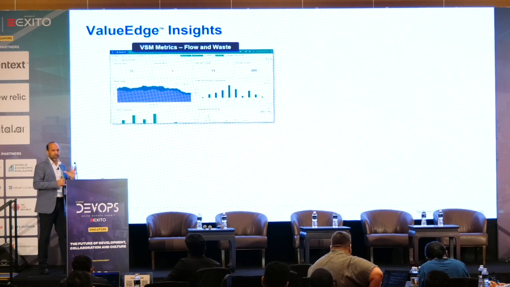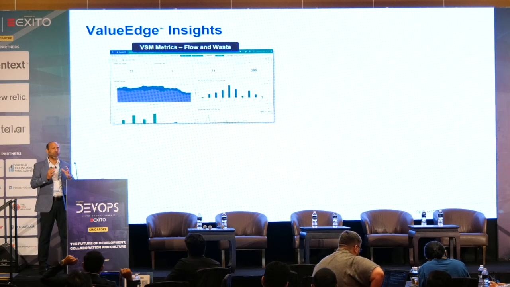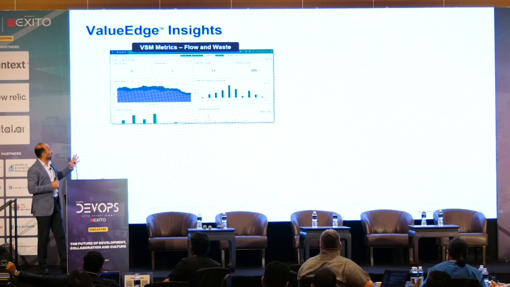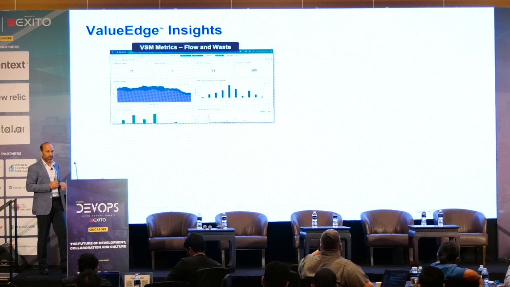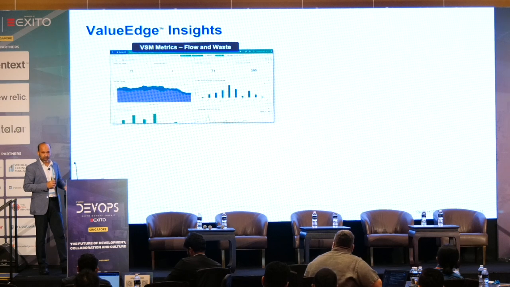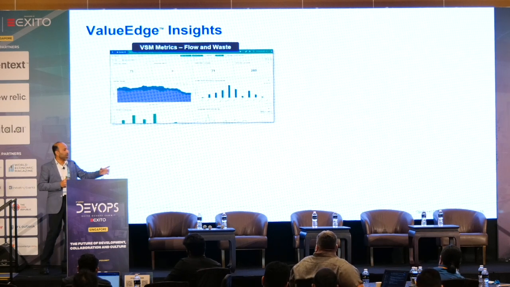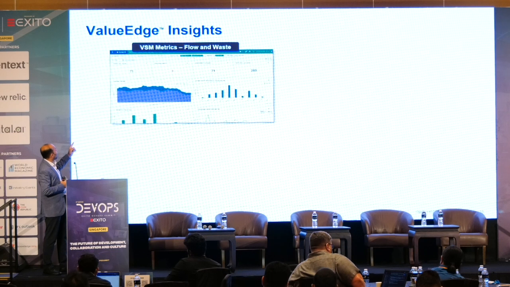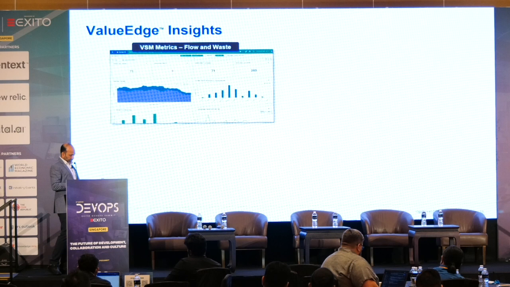The waste will tell you where the wastages are, where the wait time is, so that we can eliminate the waste and increase the flow. The flow is the flow of the feature. For any particular feature, how long it took to develop, how long it took to fix the defect, how long it took to release into the CI pipeline, all these things will be measured so that we can see the flow rate of my particular release and requirement into production, right?